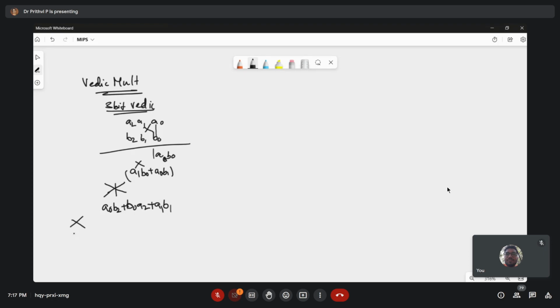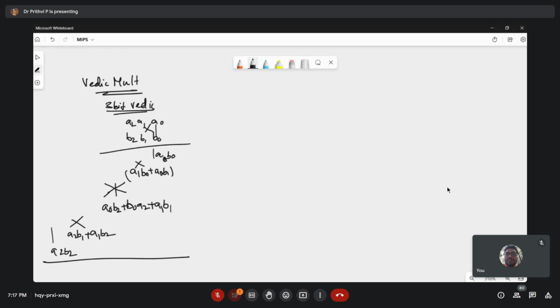Next is A2 B1 plus A1 B2. Next is A2 B2. This gives you the complete result of your iteration.